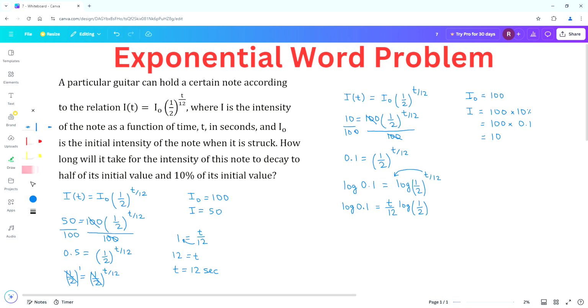Next, we can divide both sides by log 1 over 2. 1 over 2 is equivalent to 0.5.